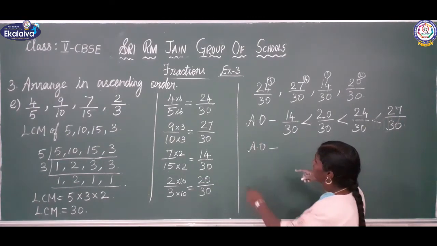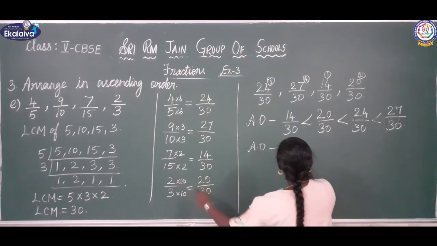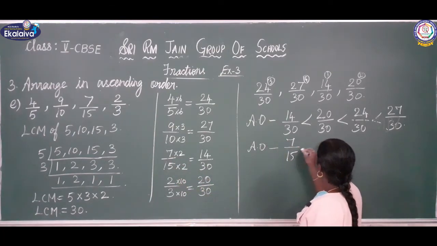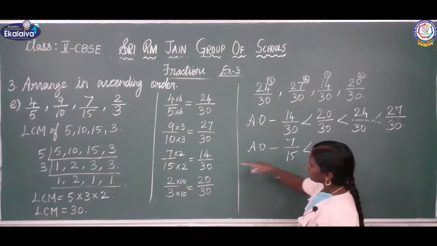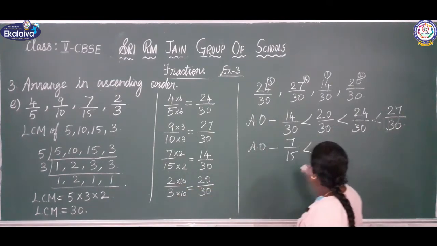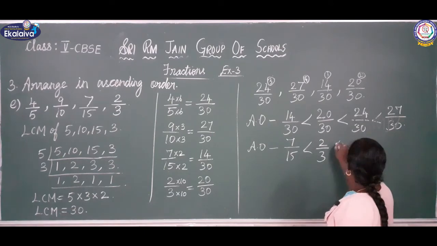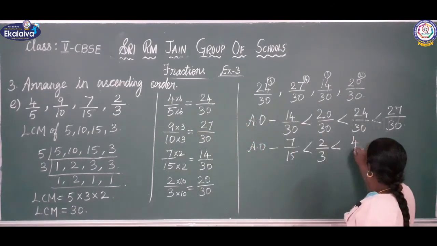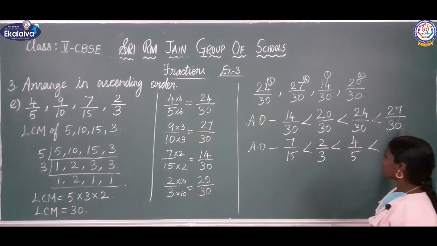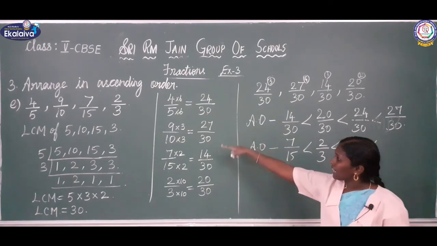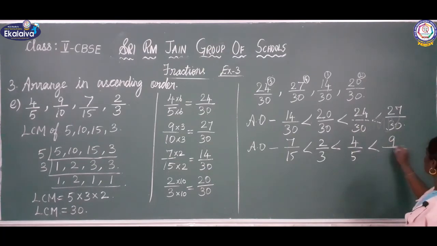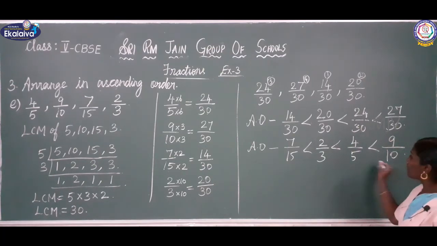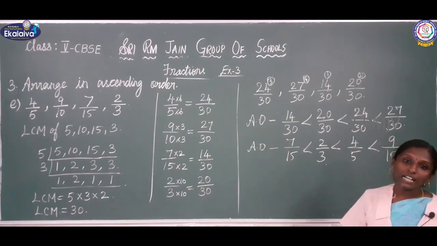So 14 by 30 is 7 by 15 and 20 by 30 is 2 by 3 and 24 by 30 is 4 by 5 and 27 by 30 is 9 by 10. Now we have arranged the given fractions in ascending order.